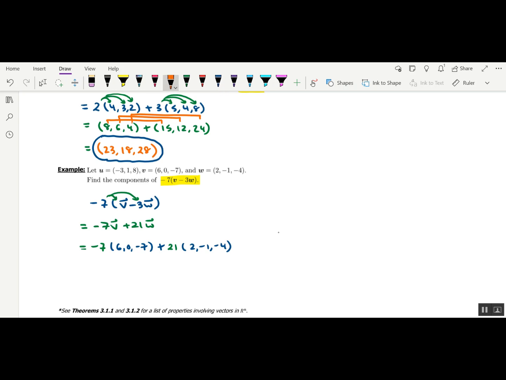And again, based on a property from that table above, we can go ahead and distribute the scalar negative 7 to those 3 components and the scalar 21 to these 3 components to get parentheses negative 42, 0, positive 49, plus 21 times 2 is 42, comma, negative 21, comma, negative 84.